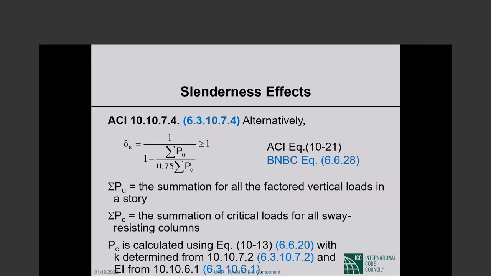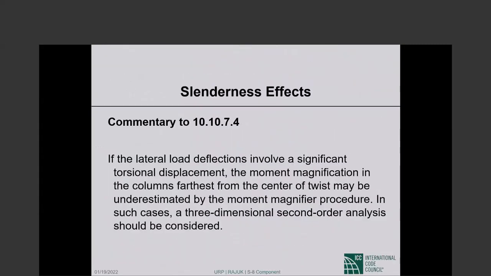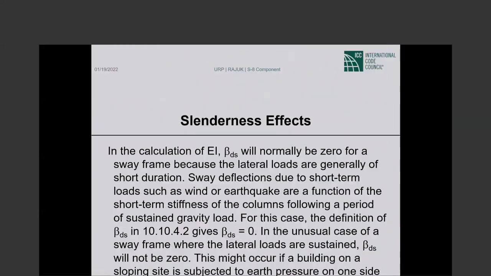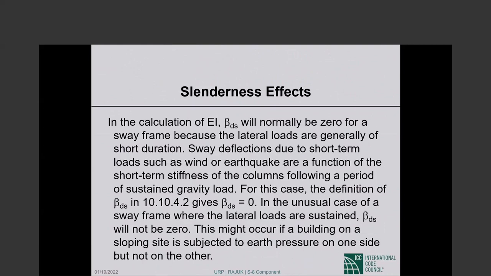P sub C, K, those things we have gone over. If the lateral load deflection involve a significant, no, I don't want to go into it. It brings in another complication that we don't need to consider.